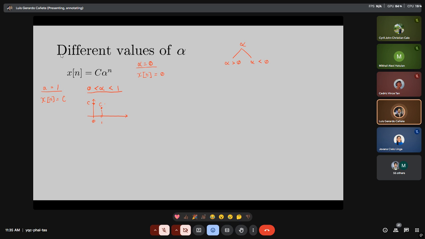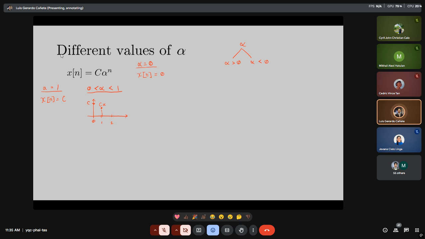So that's going to be c times alpha, right? Now, what we will then begin to notice is that when n is equal to 2, we need to take c times alpha and multiply that by a number that is less than 1.